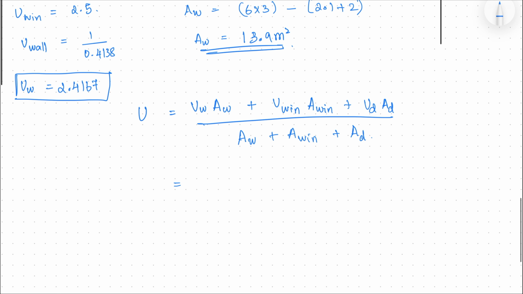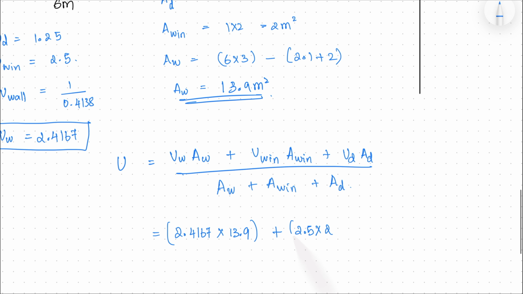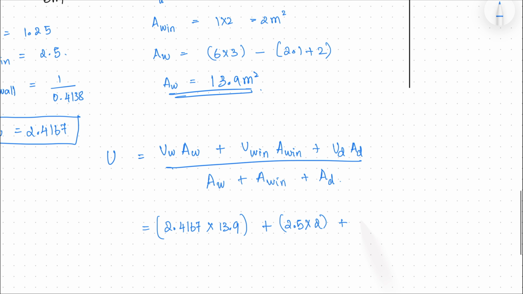So the U value of the wall is 2.4167 into area of the wall is 13.9 plus window is 2.5 into 2 plus 2.1 into 1.25 divided by 13.9 plus 2 plus 2.1.